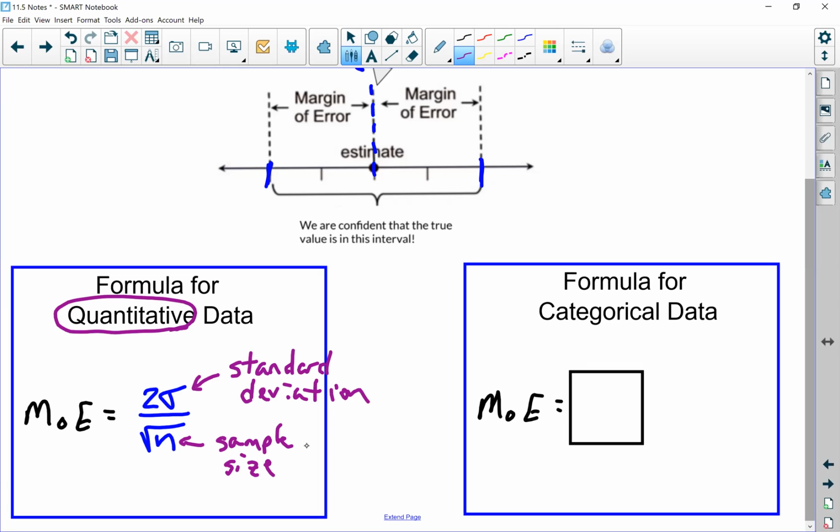So in order to use this formula, our data has to be quantitative, it has to be numeric. And one thing I should include, we always talk about this being plus or minus. So this will give us a range that we think the average or the number or whatever falls in.